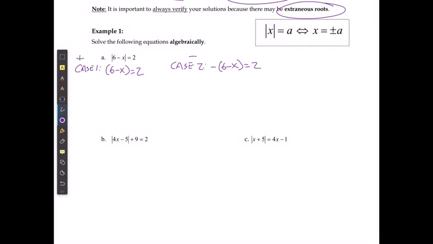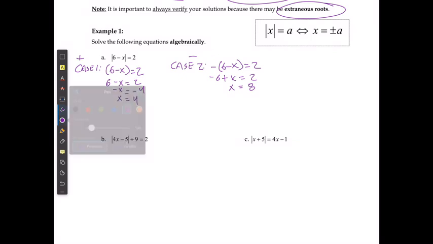So if that's true, then 6 minus x is equal to 2, or negative x is equal to negative 4, x is equal to 4. For the second case, negative 6 plus x is equal to 2, and when I move the negative 6 over, I get x is equal to 8.